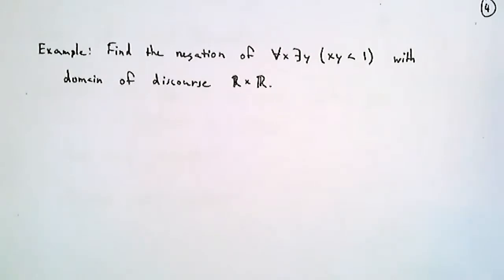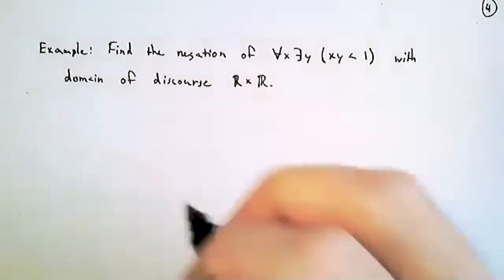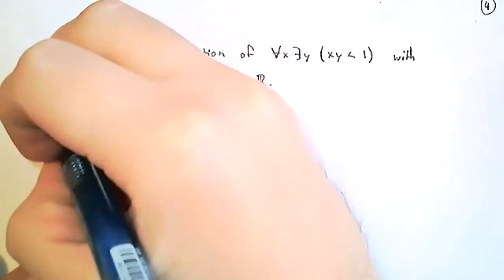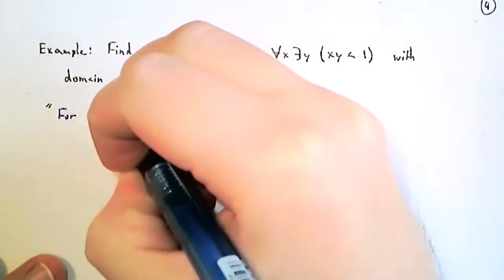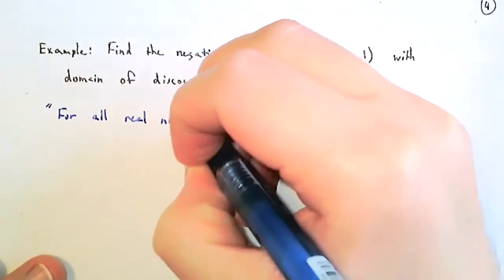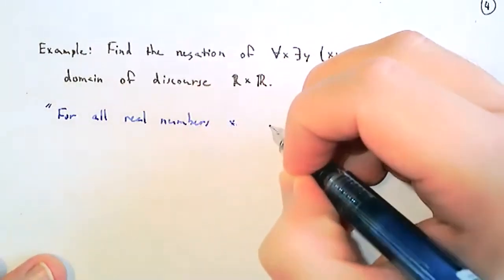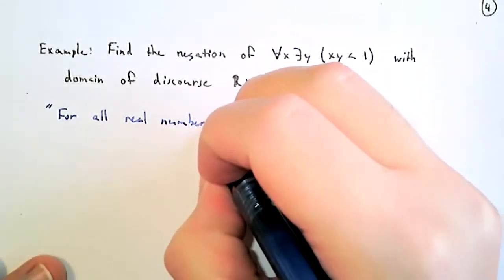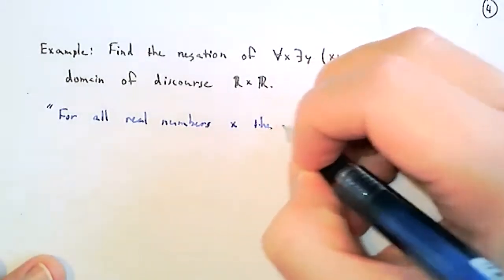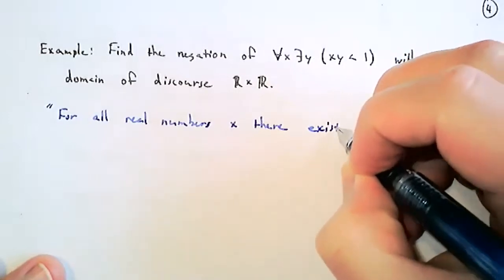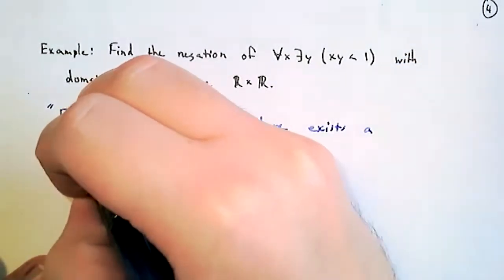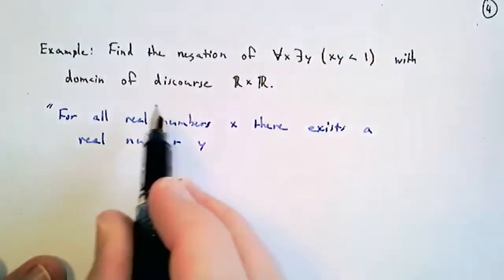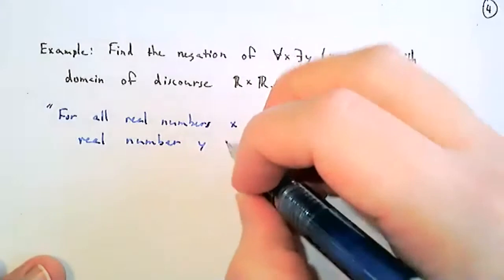I want to find the negation of this nested quantifier that says for all real numbers x, there exists a real number y, keeping in mind the domain of discourse, such that x times y is less than 1.